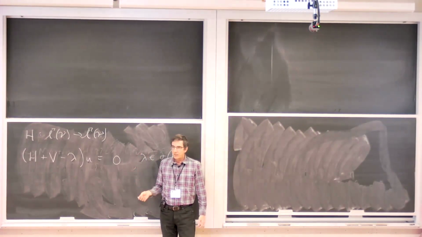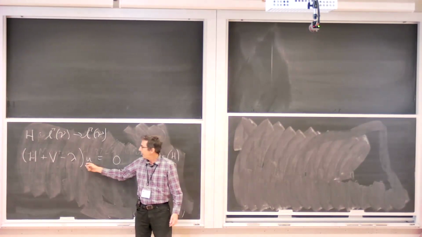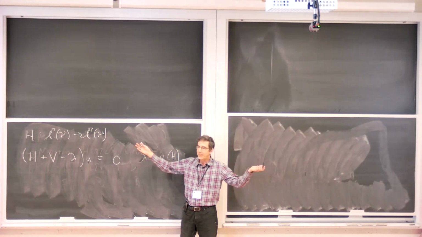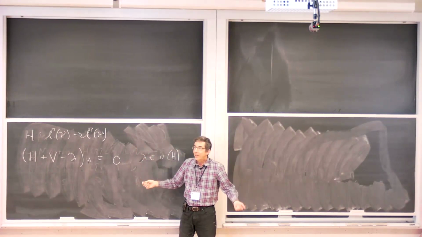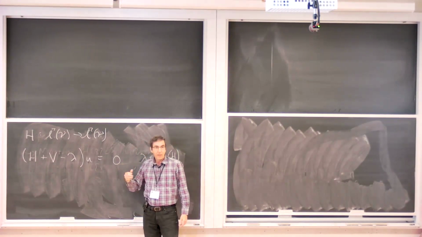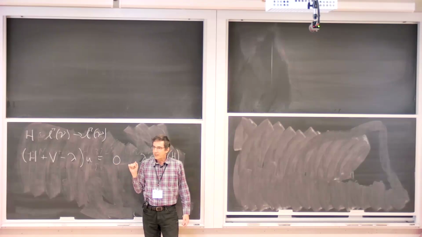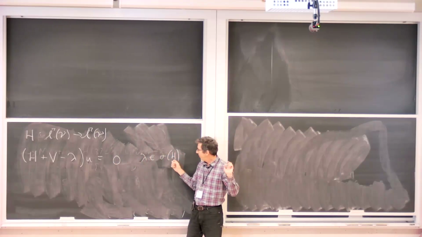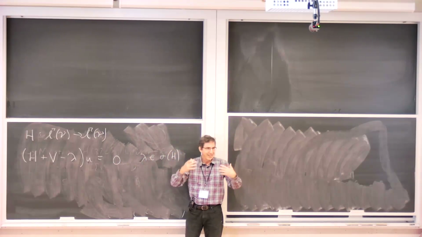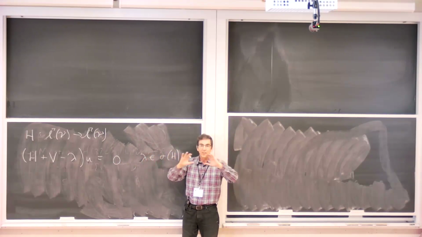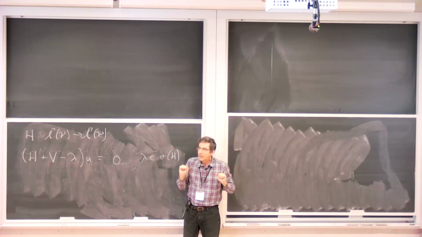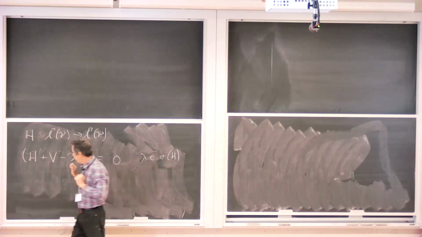The physicists might say, how can you have a bound state when you also have radiation? Because the bound state is going to couple to the radiation and leak, so it can't be there. But if you're in a gap of the spectrum, then it does make sense to have a bound state, because there are no radiation channels that can take away the energy. So that's the vague physicsy way of describing it.